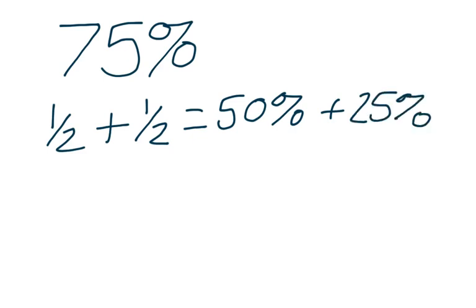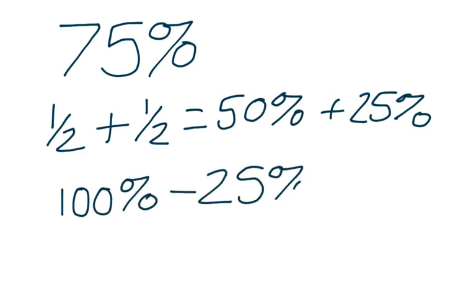Another way you could do it is 100% take away 25%. You could also find a tenth and then another tenth and then another tenth 7 times and then find 5%.